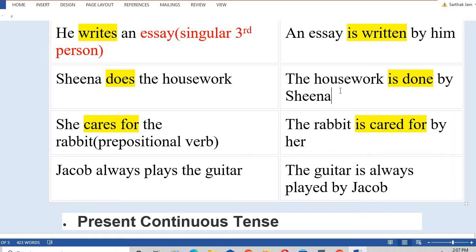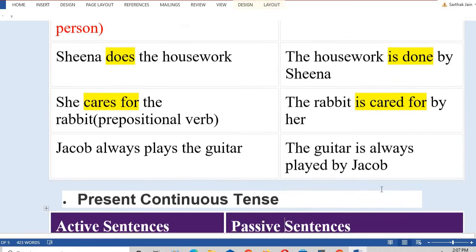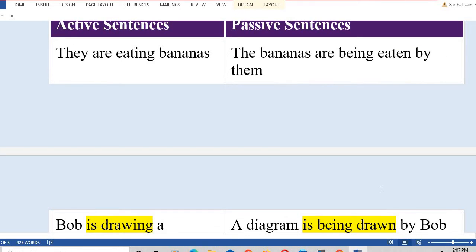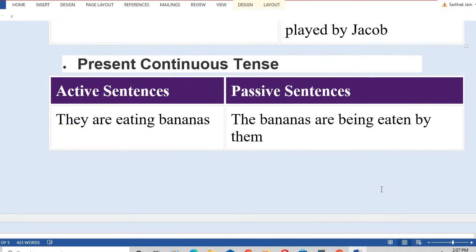All the subjects are of the third person singular, and that is why a single helping verb is put before the verb in all the four sentences. You can see the examples here. And the structure, I told you in my first video, you have to devote time to it, that only then can you understand this part. Once you understand that part, this is very simple.